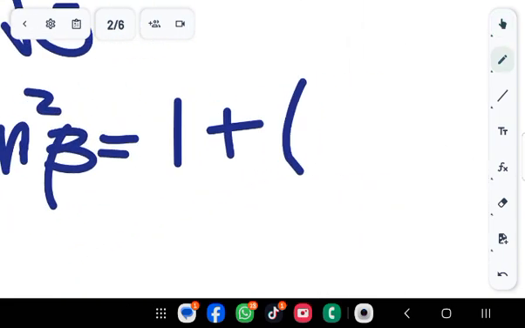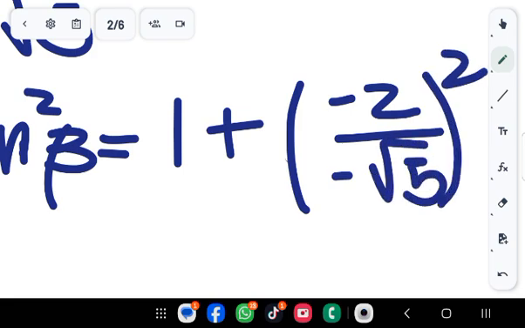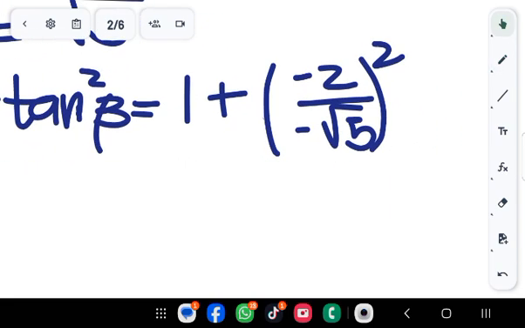Our y is -2, and our x we just calculated is negative square root of 5. So that will be -2 over negative square root of 5, and this will all be squared, which is equal to, take out your calculator, don't try and do this by hand, you don't need to anymore.